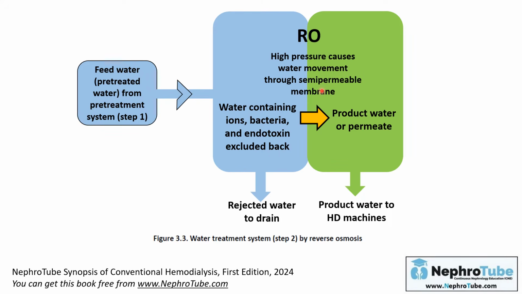Most of the centers have only one reverse osmosis membrane in the hemodialysis unit, but in certain areas in the world, if the quality of the product water that comes out from the RO is not satisfying, and is not consistent with the quality of the water that is essential to form the dialysate, these centers can use more than one RO.